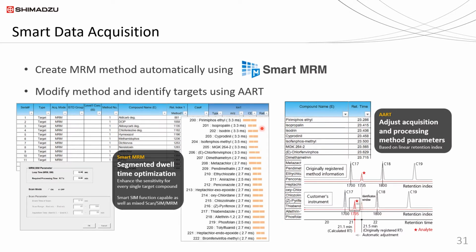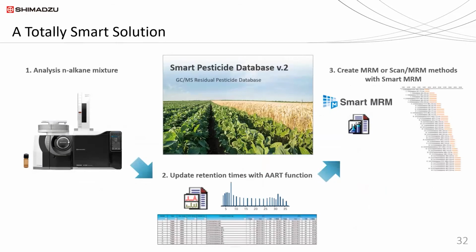The AART function is really a direct and intuitive method to correct retention time shift should the GC column or method be modified. And with the Smart Database, a complete workflow is readily provided to help kickstart your effort in residual pesticide analysis.